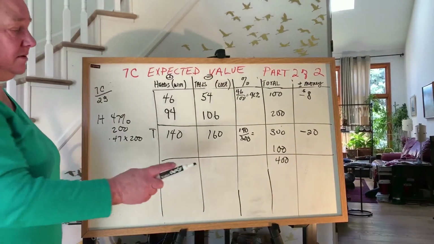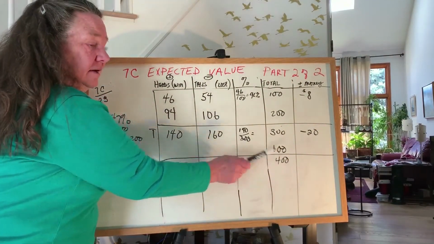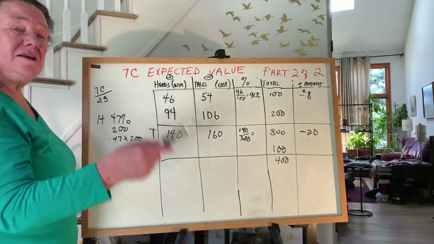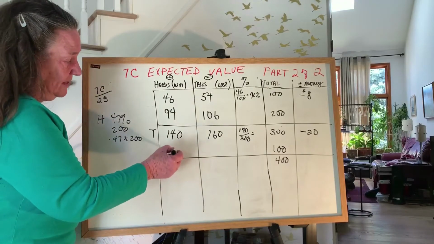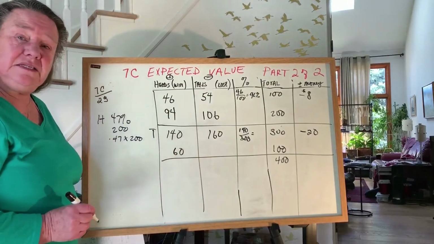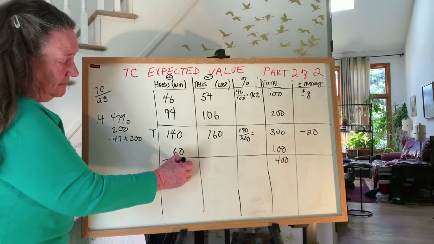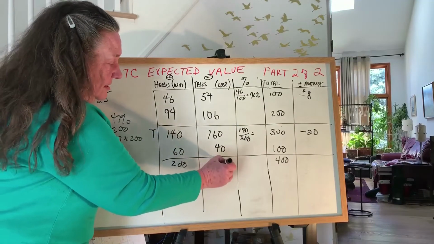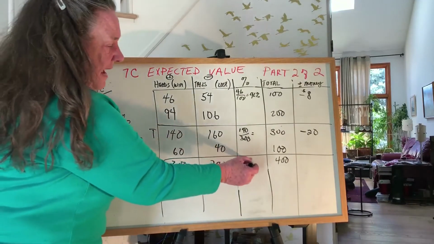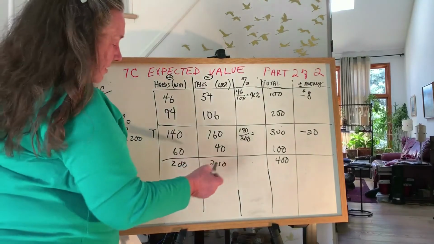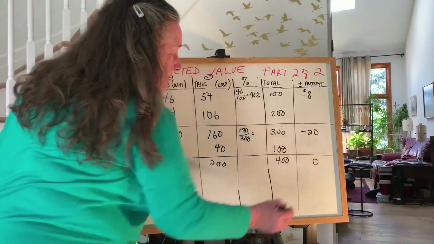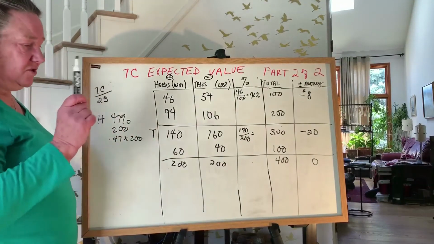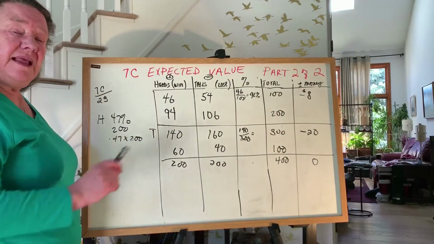So to be even, I would have to have 200 heads and 200 tails, okay? I'm tossing 100 more times, so that would give me 60 heads to make that 200, and 40 tails to make that 200, okay? I don't think they asked for that, so we'll ignore that. And then at this point, we made $200, we lost $200, okay? So that's all the work.